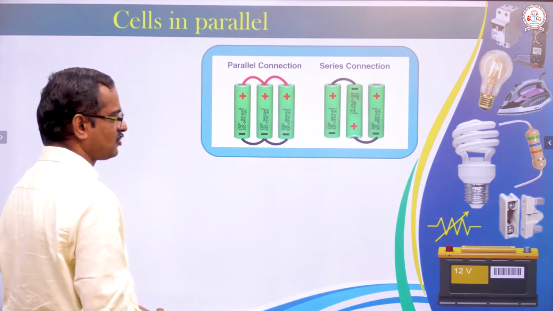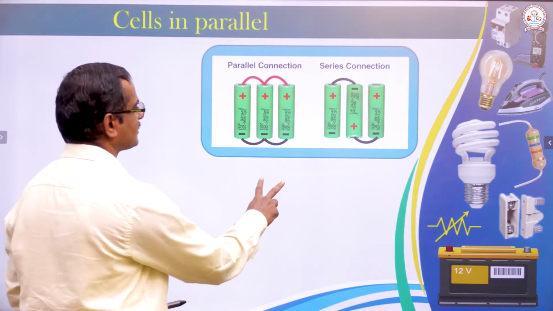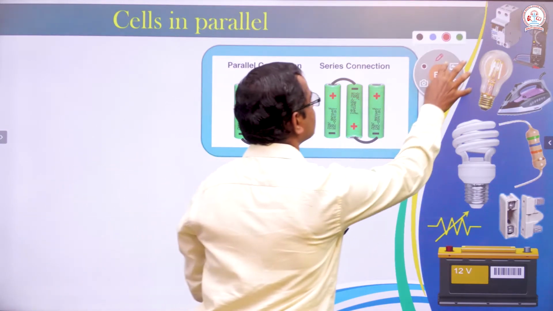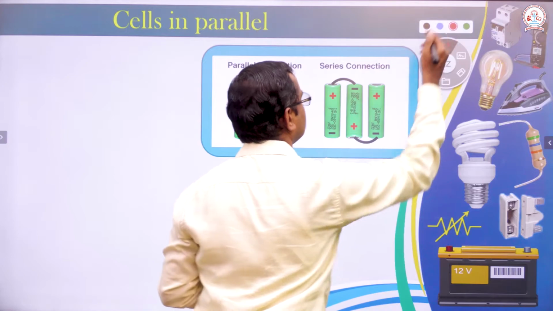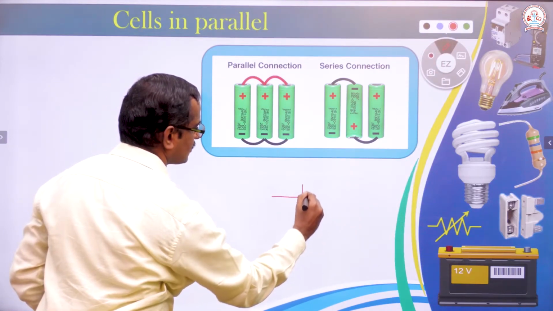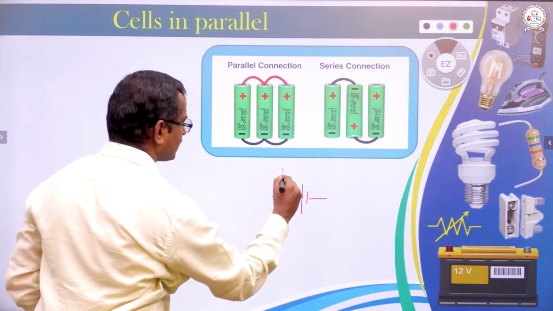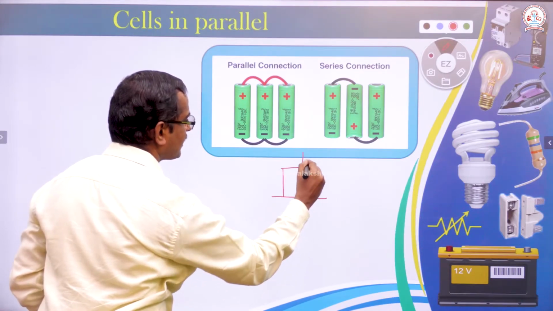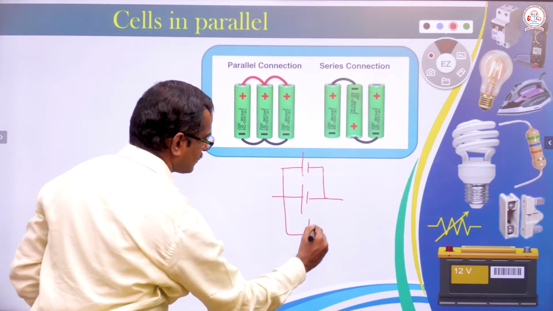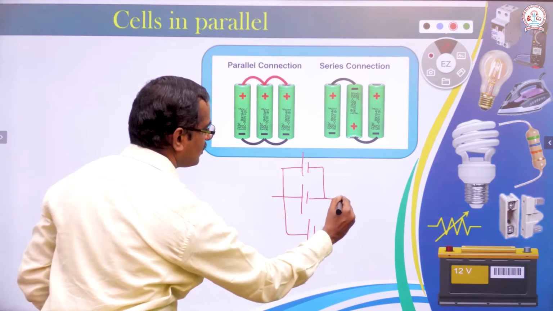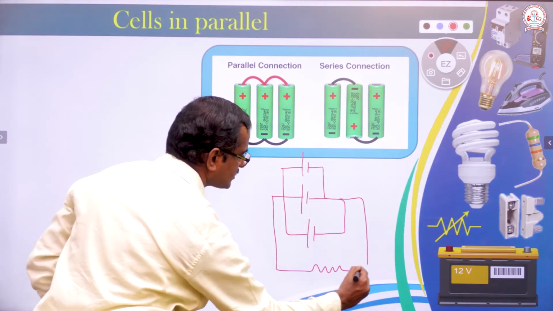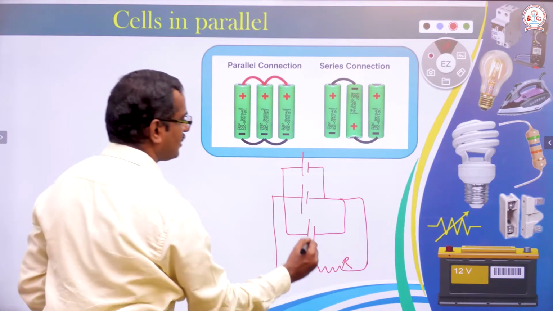You just imagine a circuit like this, where cells are connected in parallel, and this combination is connected to one external resistor R.